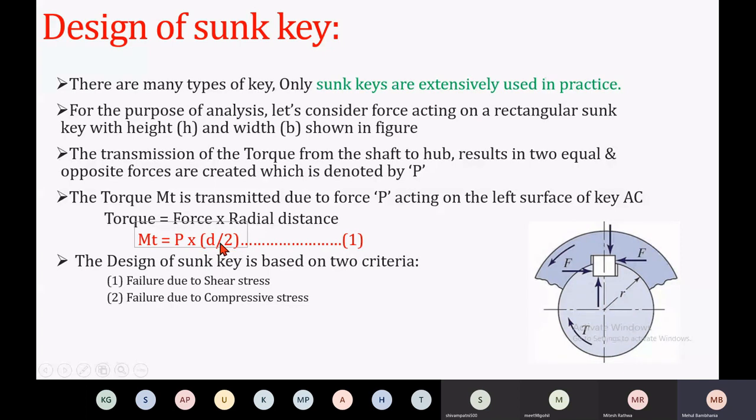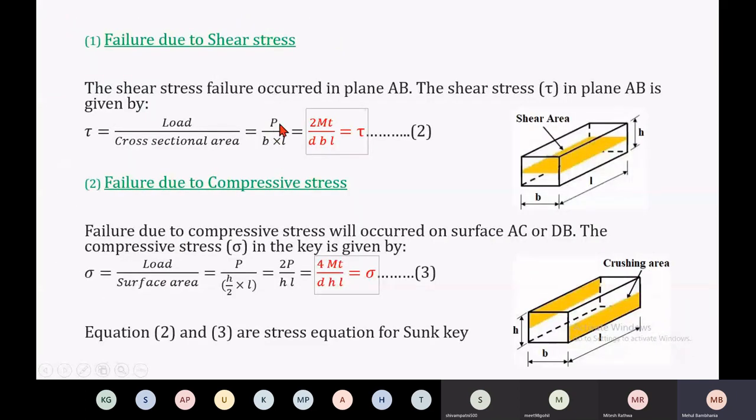So let's isolate that P and put it in this stress equation. Putting Mt by d by 2, and B into L already existing, this gives you the prime equation for the shear stress experienced by this shaft due to shearing action in this particular plane. Tau is equal to 2 multiplied by Mt, the torque, divided by dBL. So this is the first equation, which gives the shear stress.